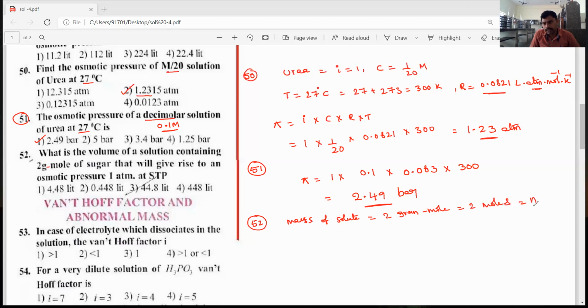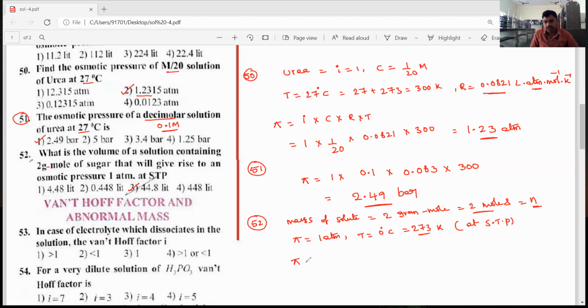So n, the number of moles of solute, is 2, and the solution is at STP conditions. Pi is 1 atmospheric pressure and the temperature is 0 degrees Celsius, which is nothing but 273 Kelvin. Okay, dear students, it is at STP. At STP, 2 moles of any compound occupy a volume of 2 into 22.4 liters, so the answer will come as 44.8. Otherwise you can calculate.